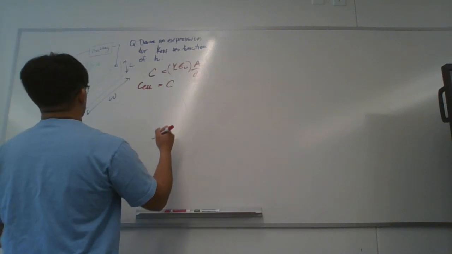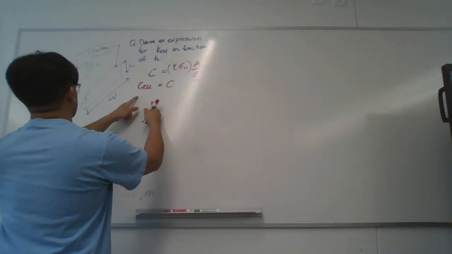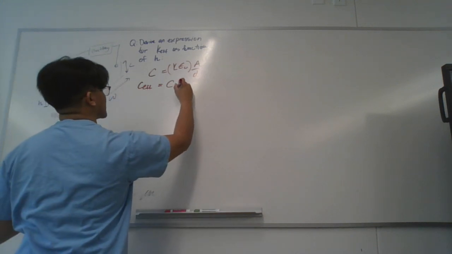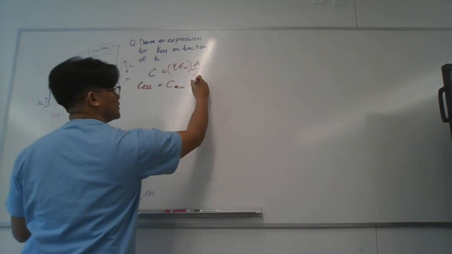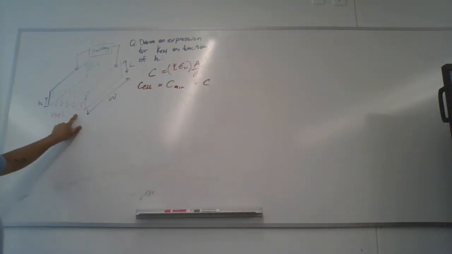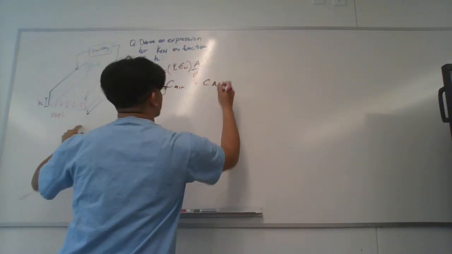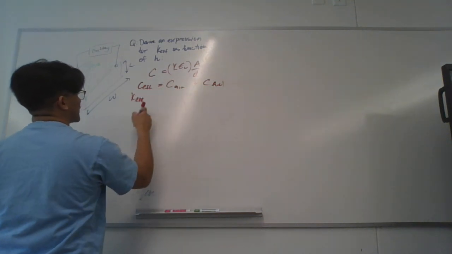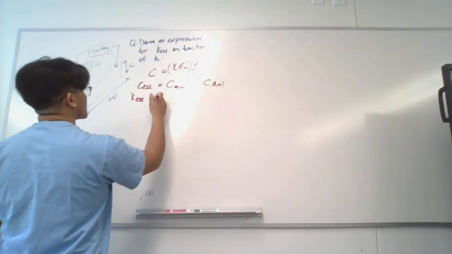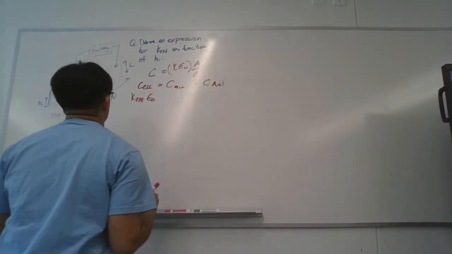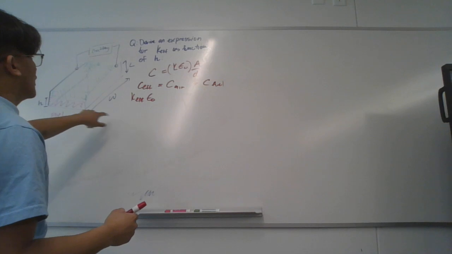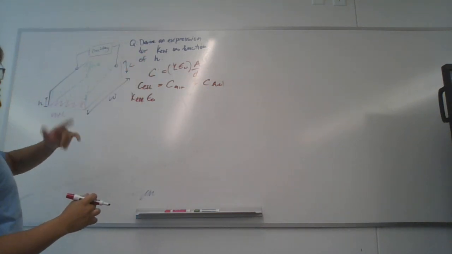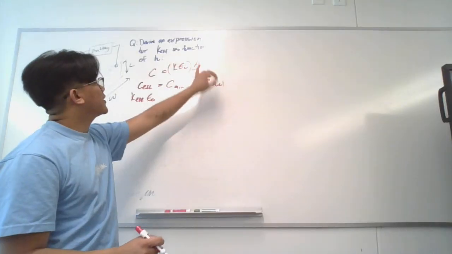So the effective capacitance is equal to the capacitance of the air plus the capacitance where there's fuel. We can write this as K effective, which is what we're searching for, times epsilon naught times area over D.